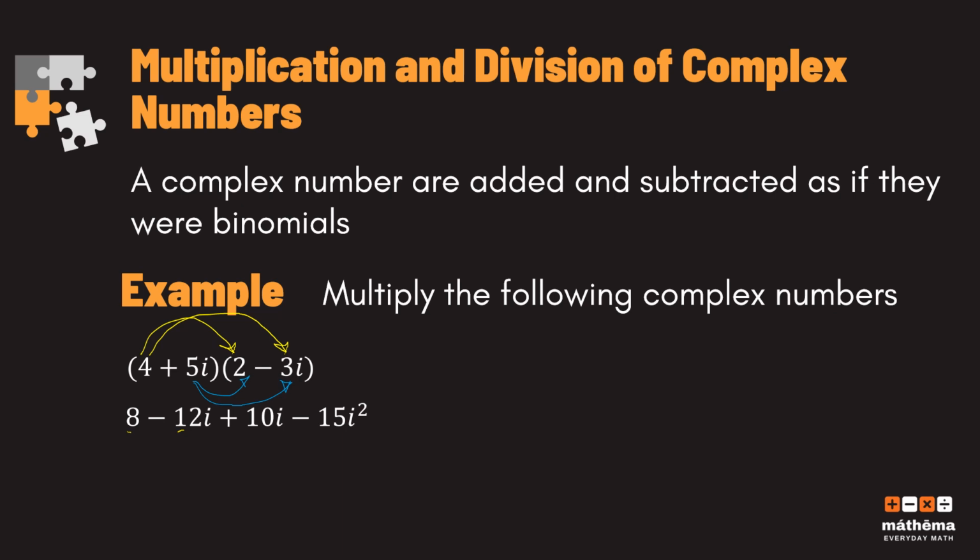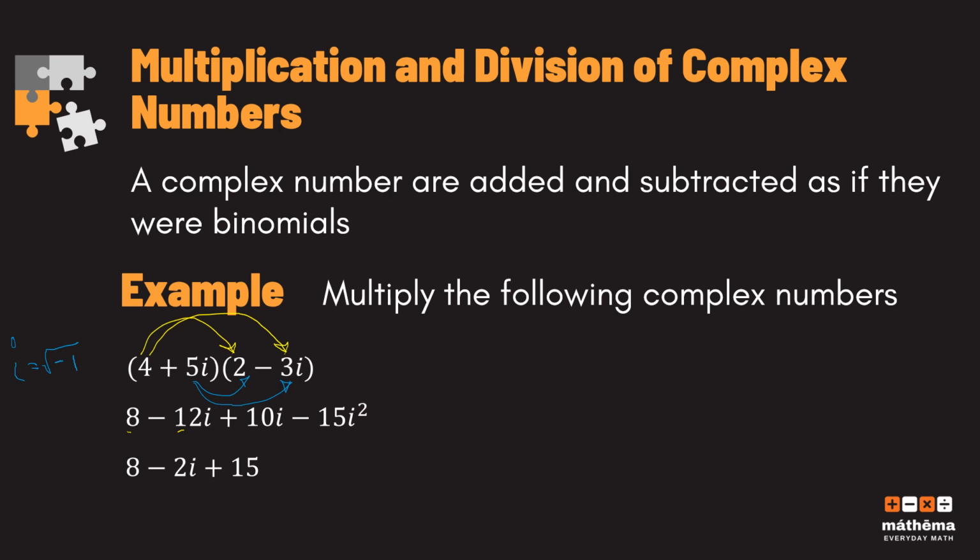Now, next is we are going to combine like terms. So negative 12i plus 10i is just negative 2i. And remember that i is equal to the square root of negative 1.